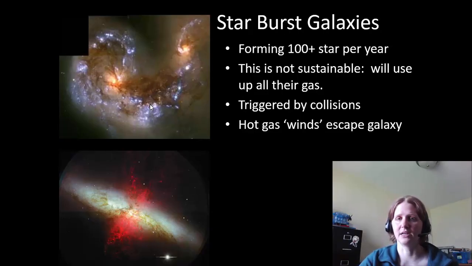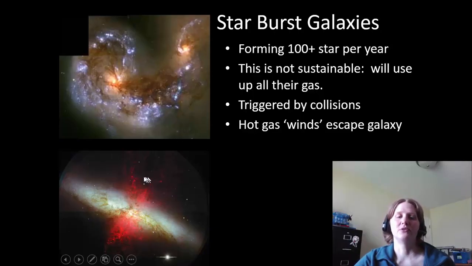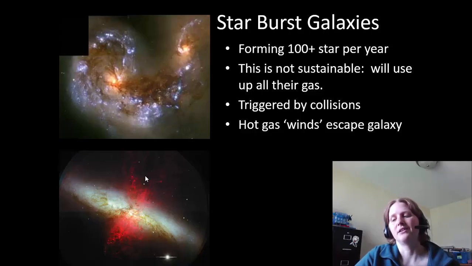And hot bubbles can overlap, and they can get even more pressure pushing out of the galaxy, expanding through the ISM. And so you can have these fountains of hot gas coming out of the galaxies. Another word for them is galactic winds, but it's really just hot gas escaping from a whole bunch of supernova.